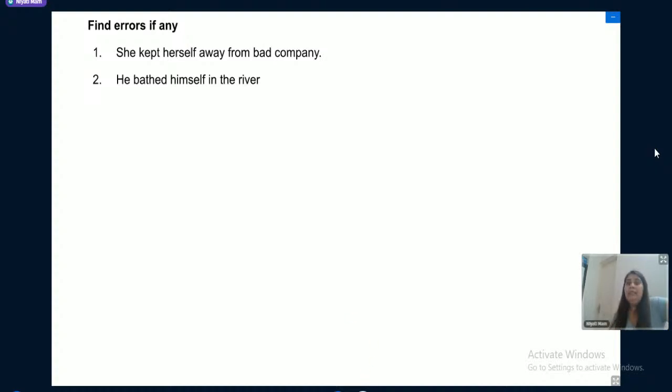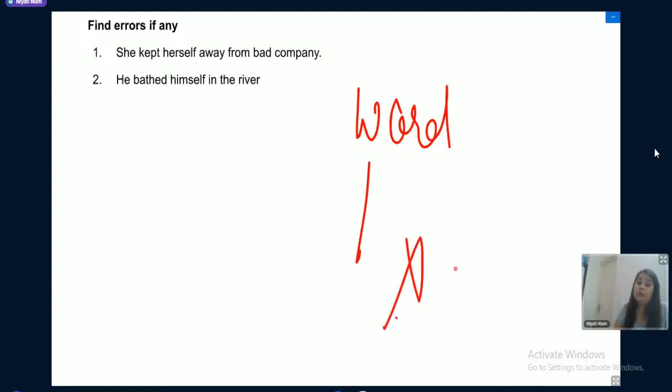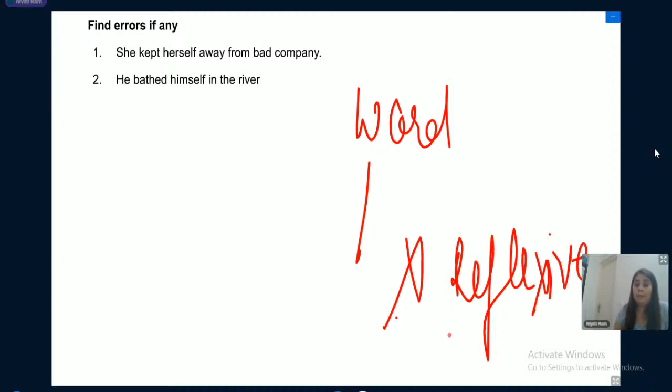Now, recently we have learned a few words that always require an object, that always use a reflexive pronoun after them if an object is not there. Now, there are two sentences in front of you. She kept herself away from the bad company. He bathed himself in the river. Now you need to understand that there are certain words with which we do not use the reflexive pronoun.